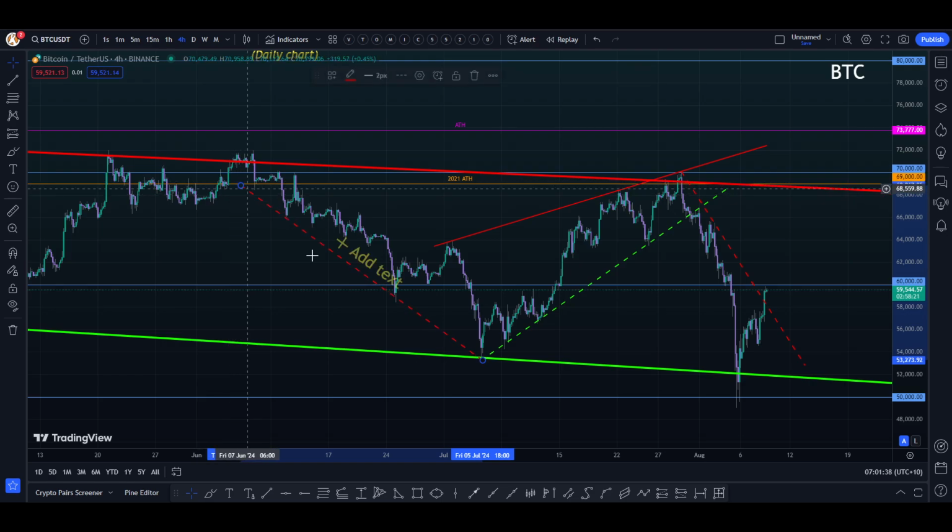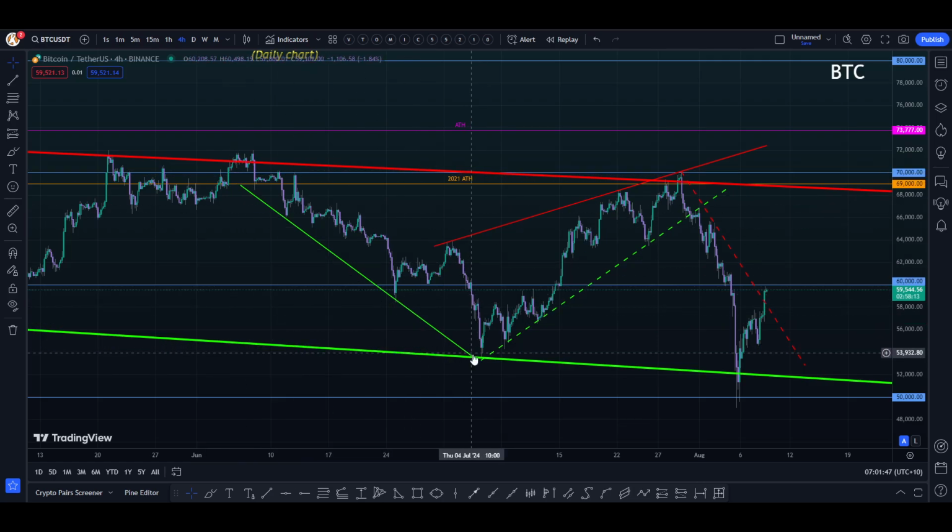Let's just do these. That was like a 3 touch, which hasn't been broken. Support on the downtrend, bouncing off the macro, the bigger, thicker green support line.